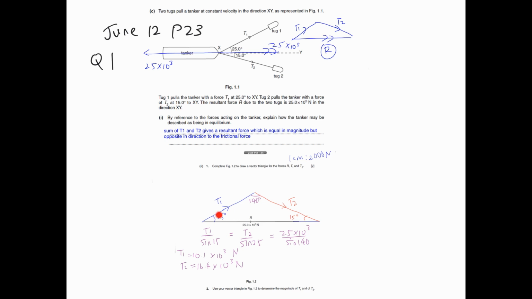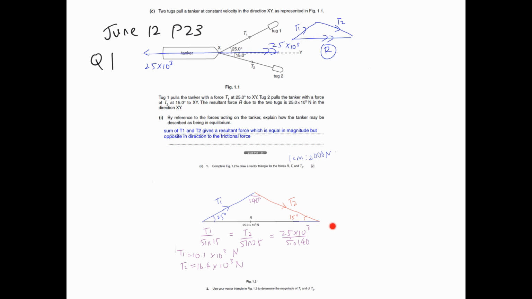You take out your ruler to measure this in centimeters, and then you multiply by your scale to get how many newtons. But if let's say you don't want to draw to scale, you just want to sketch it out, you do the same thing. You just draw a line here to represent R, then you draw T1 starting from here, and then we just roughly guess where T1 ends.